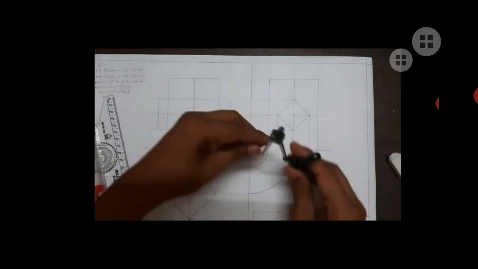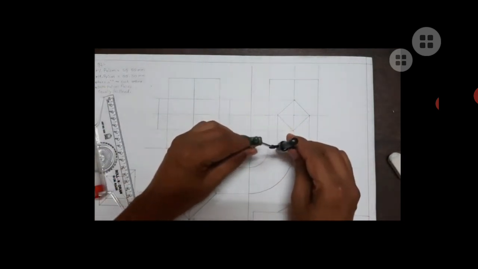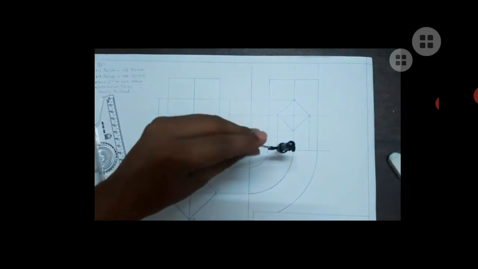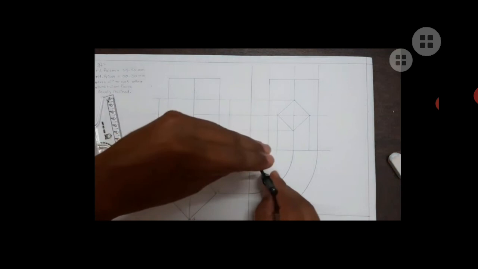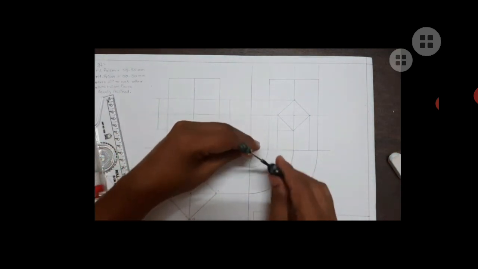So mark these points on the front view of the prism.